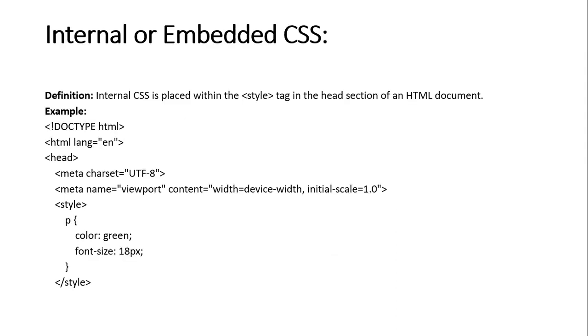The next one is internal, or we can call it embedded CSS. Internal CSS is placed within the style tag in the head section of an HTML document. For example, we can use a style tag, and within that we can set the color and the font size, whatever we need.